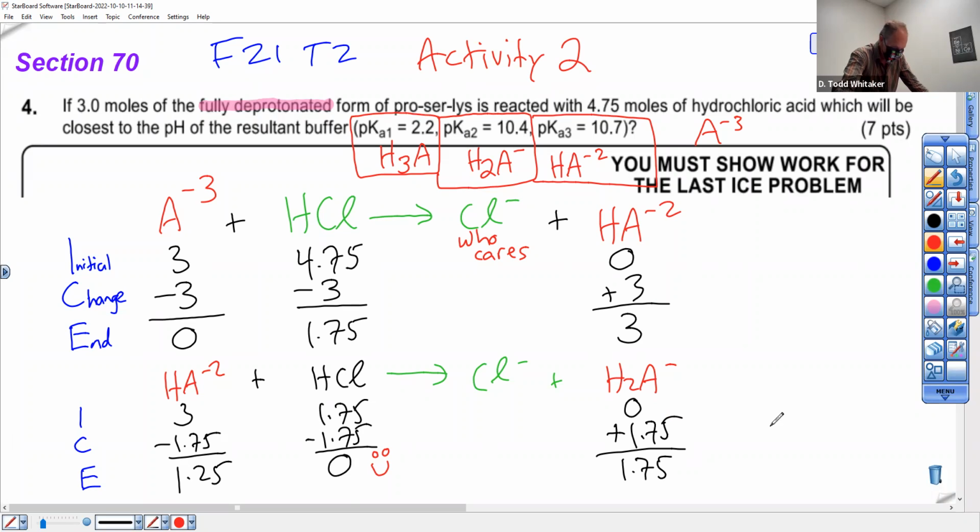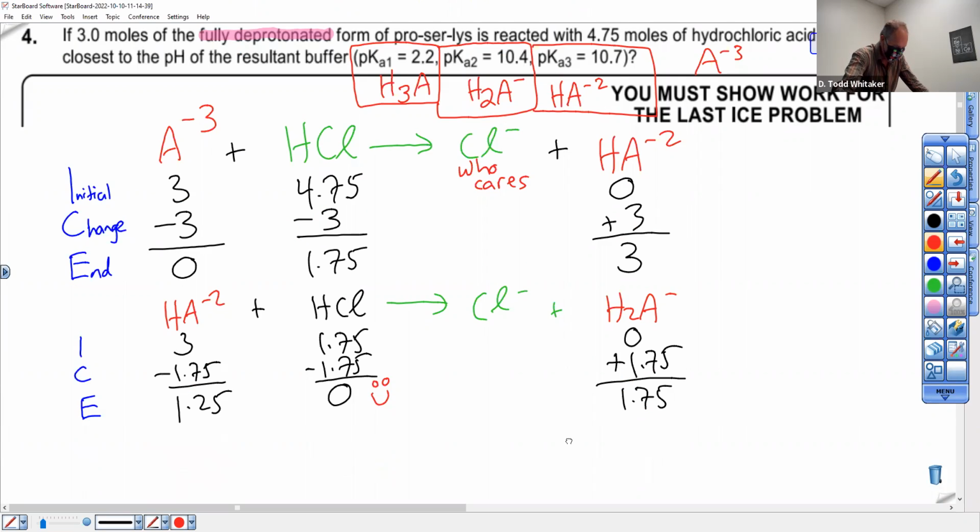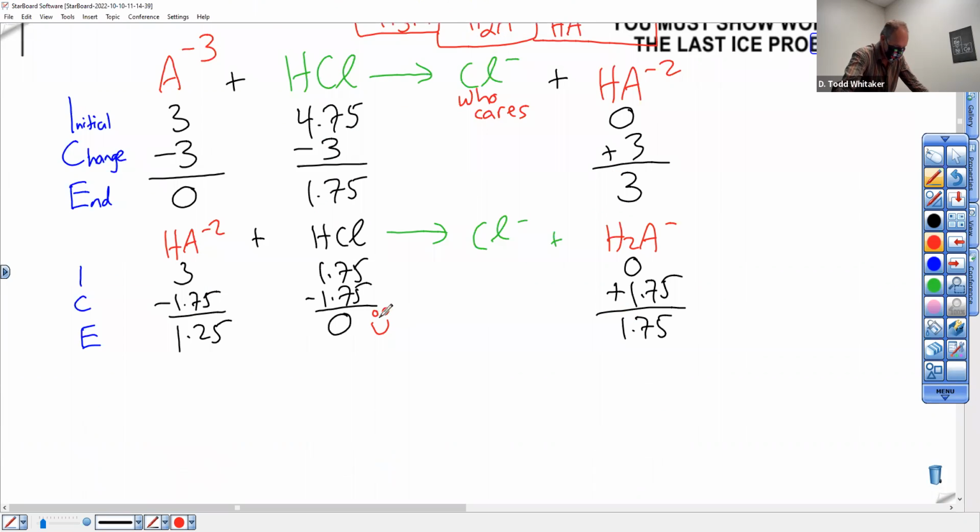That amount of reaction creates 1.75 moles of H2A minus. We're happy because HCl is gone. Here's your two species that you have when you're finished: a mixture of H2A minus and HA minus 2.